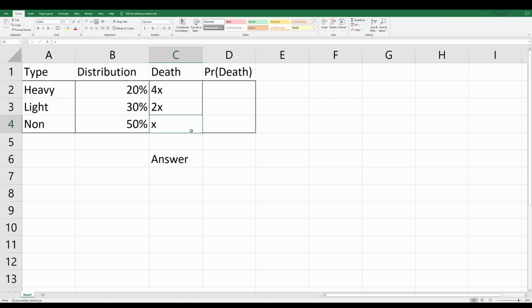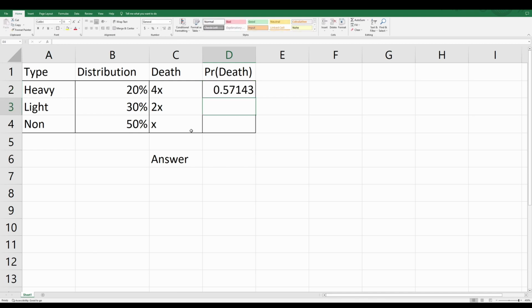So in order to calculate the probability of death, 4 plus 2 plus 1, the probability of death for a heavy smoker is going to be 4x divided by 4 plus 2 plus 1, which is 7.